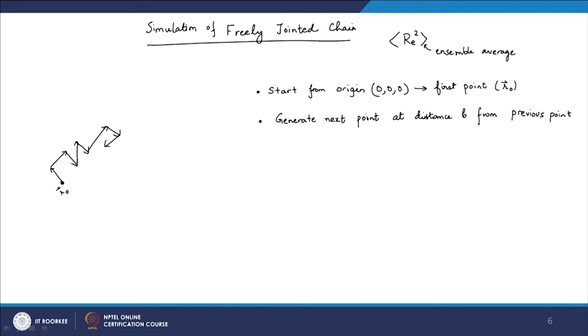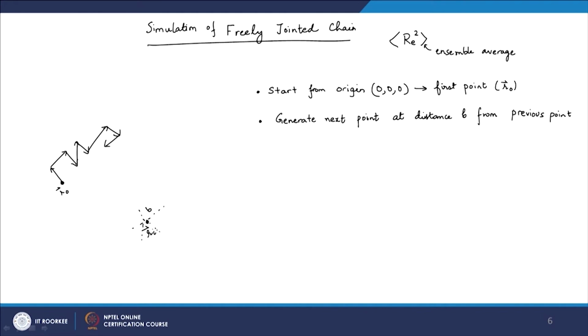There is a particular way of doing it. Let us say I have started from this point, if this is my r_i, then r_(i+1) has to be at a distance b, but then it can be in any direction in the 3 dimensions.